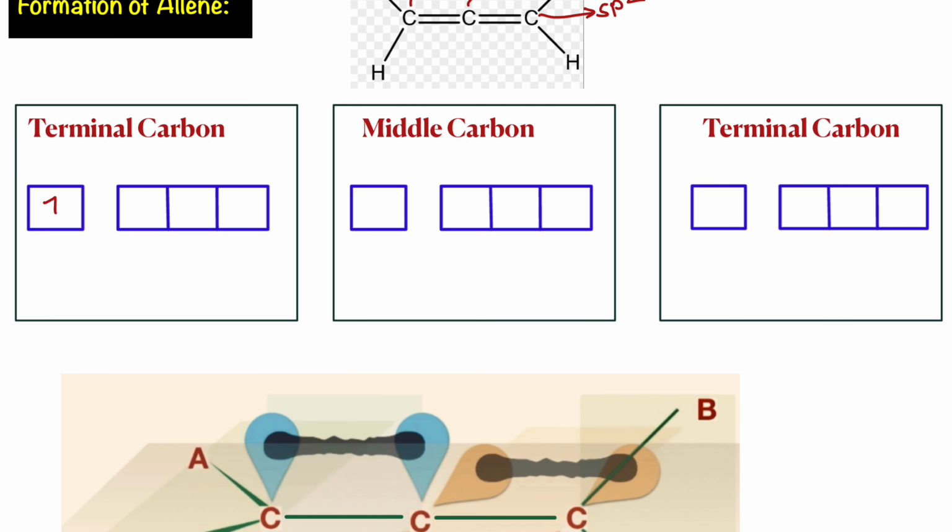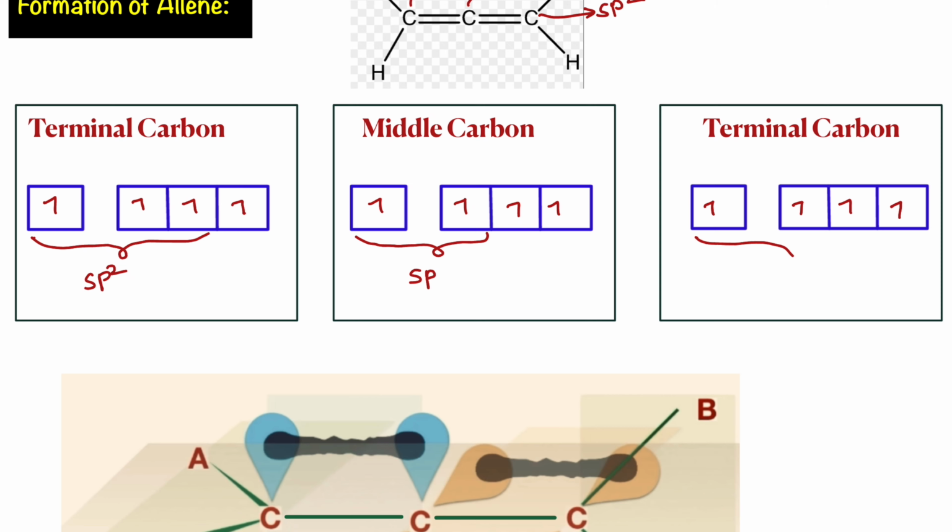Here is the first excited state of carbon, with totally 4 unpaired electrons, and these are the 3 carbons of allene. The terminal carbon undergoes sp2 hybridization, the middle carbon is sp hybridized, and the other terminal carbon is also sp2 hybridized.